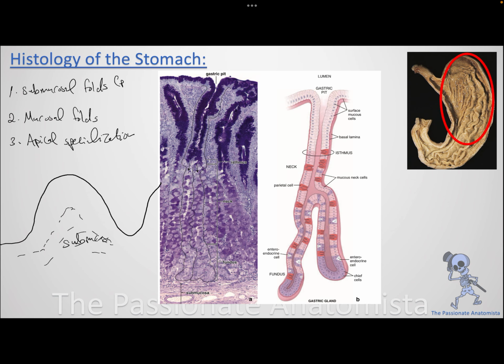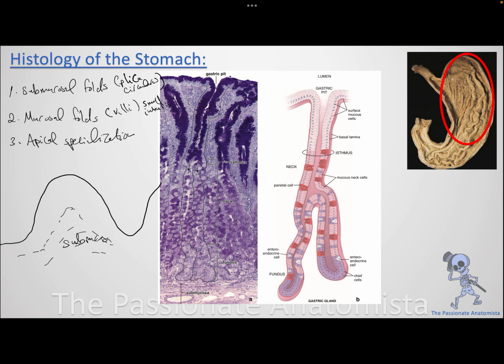This is what we call the plica circularis, okay? Now we have another folding of the epithelium, and that is what we call the villi, and these villi are there in the small intestine. Here we are generally talking, and we're going to see that as we proceed.